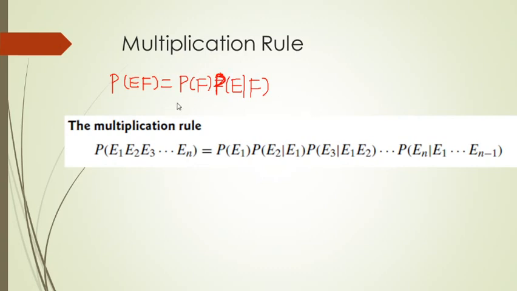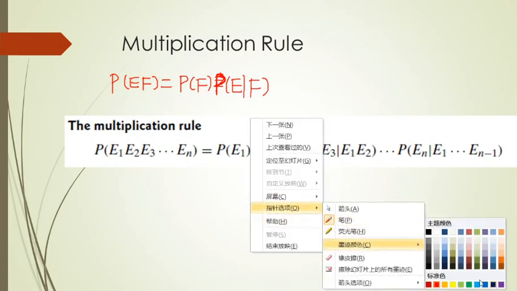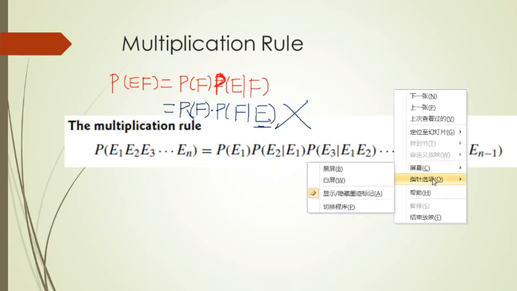By the way, if you write this, be careful about the order of the conditional probability. If you write that it equals P(F) times P(F given E), this is wrong, okay? It's different. Be careful about the notation and try to be clear about it.